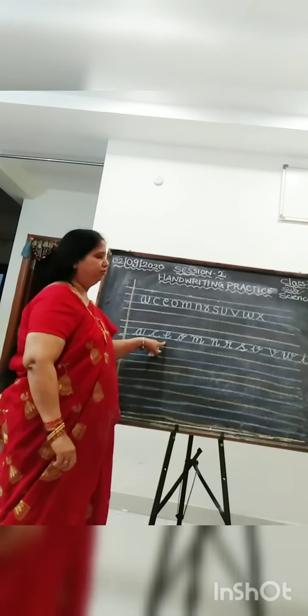So I, A, C, E, O, M, N, R, S, U, V, W, I and X. So those letters are the middle stroke. Okay, middle stroke cursive writing.